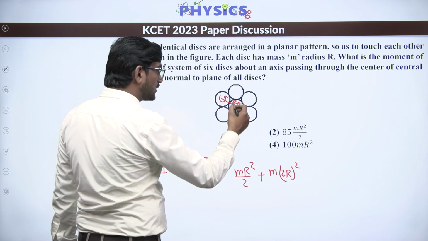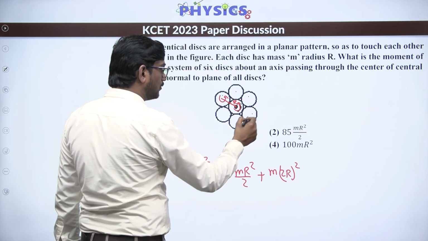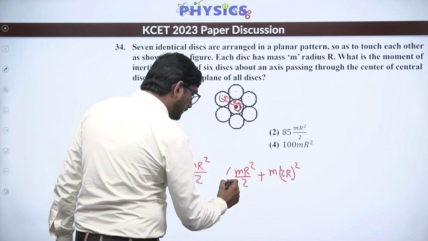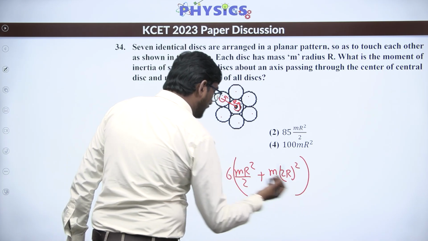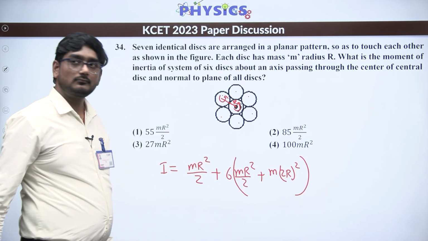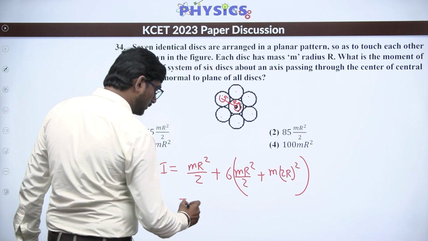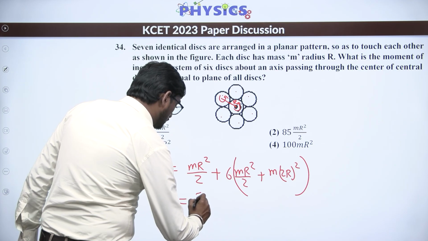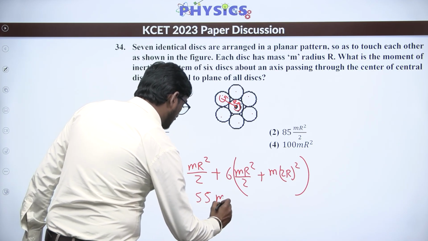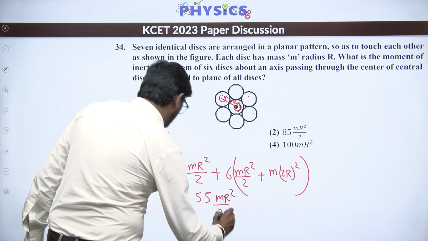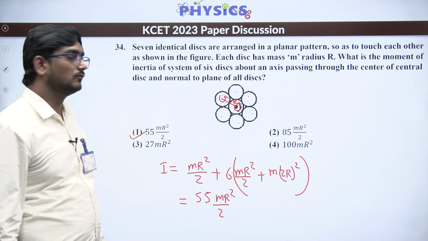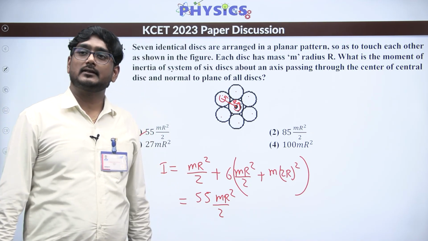Now, how many such discs are there? 1, 2, 3, 4, 5, 6. So we can simply multiply 6 in this, all right, and add all of them. Okay, adding all of them, and if we simplify, it will come out to be 55 mr square by 2. So the correct answer is option 1. Very simple. Moving to the next question.